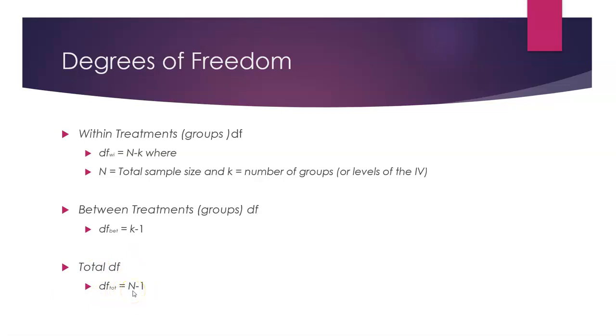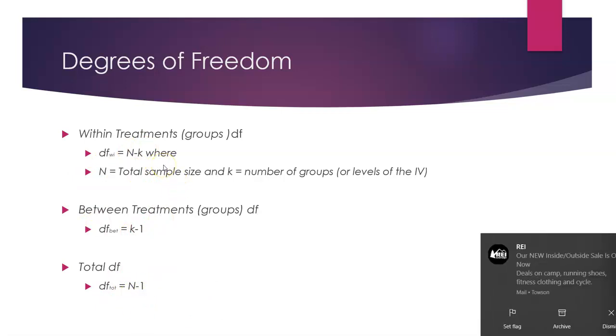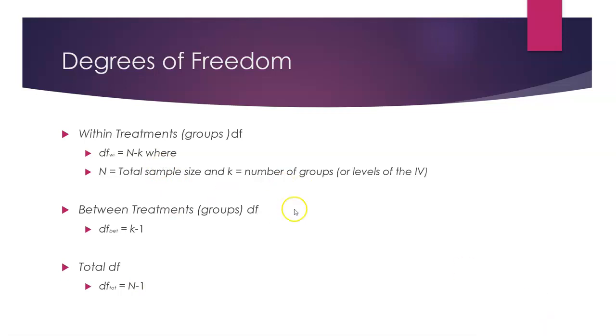So that should be 100 minus 1, or 99. But we should also see that our within treatment and our between treatment degrees of freedom, if added up, will be equal to our total degrees of freedom. So in this case, within treatment degrees of freedom was 97, and our between treatment degrees of freedom was 2, which gives us a total degrees of freedom of 99. Okay.